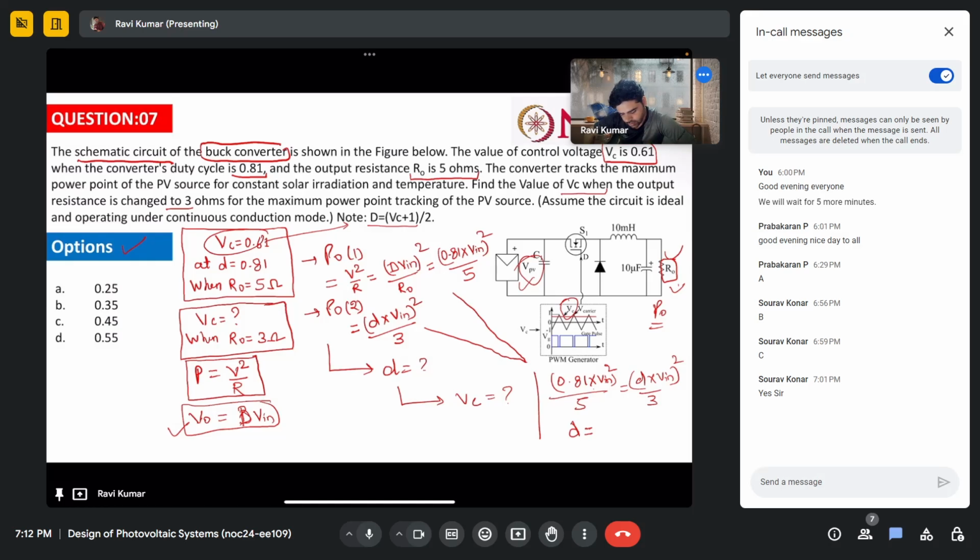Because V input will cancel out here, you will get 0.81. D square will be 0.81 square into 3 divided by 5. And you just take the square root, then you will get D. Just do the mathematics.